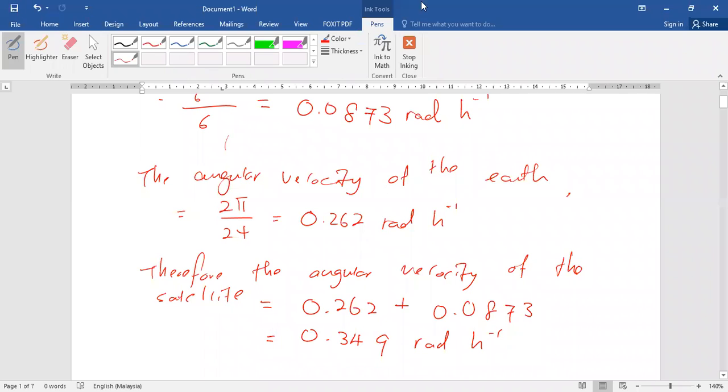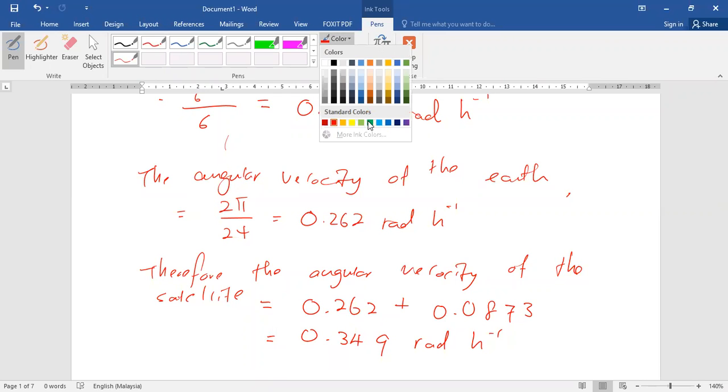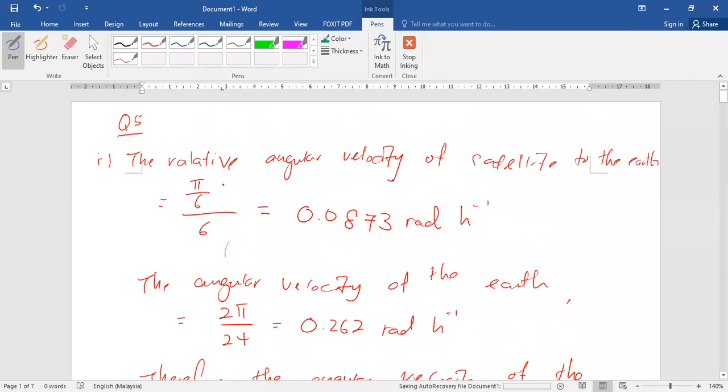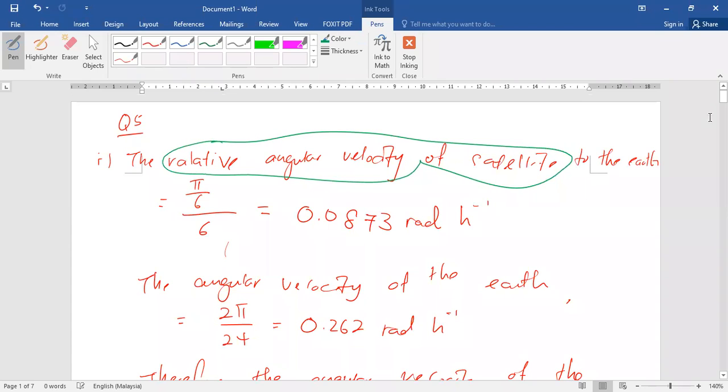Okay, so from here, what is meant by the words relative velocity? Here they said the relative angular velocity of the satellite to the Earth.